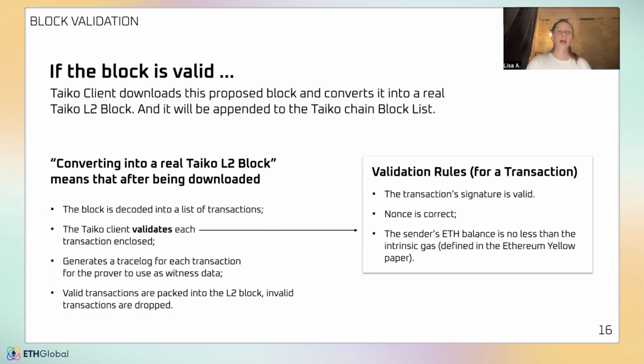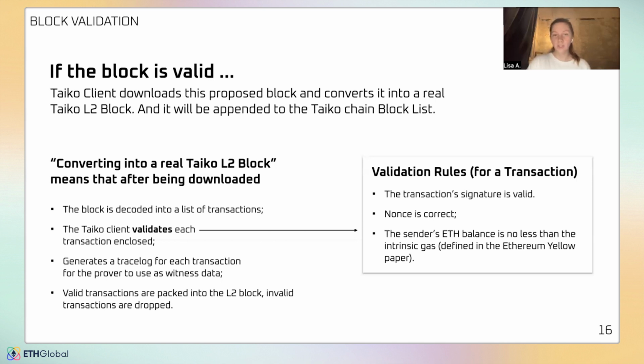So when we say converts into a real Taiko layer 2 block, it means that after being downloaded, the block is decoded into a list of transactions, and Taiko client validates each transaction and generates a trace log for each transaction for the prover to use as witness data, and valid transactions are packed into the layer 2 block, and invalid transactions are dropped.